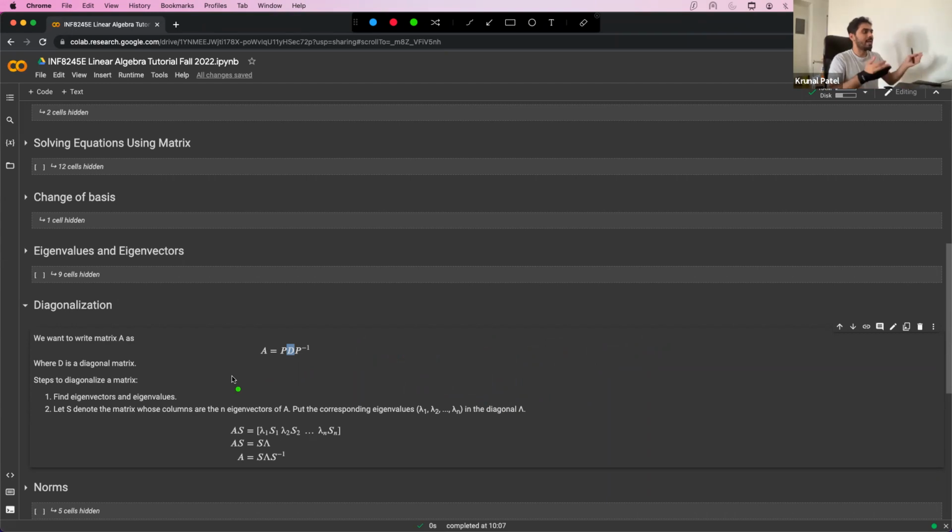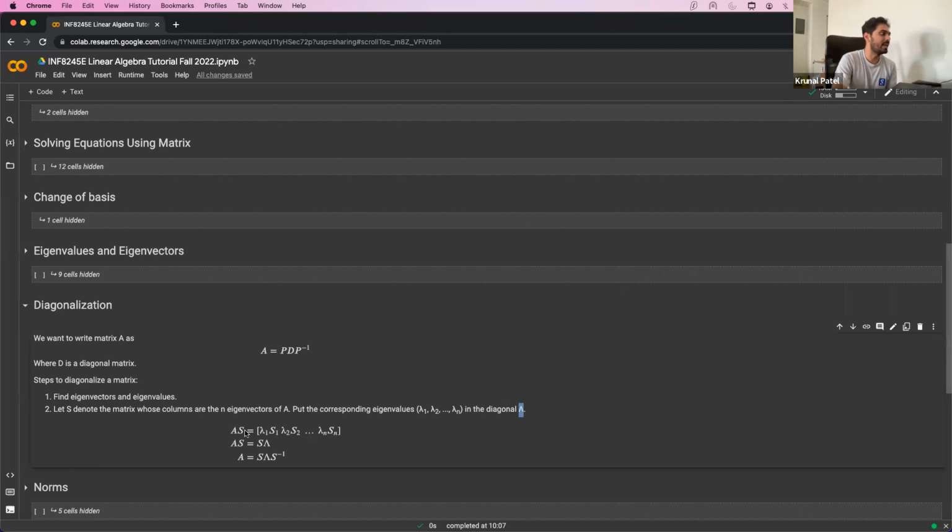So how do we diagonalize a matrix? One of the methods is by using eigenvectors and eigenvalues. You find the eigenvectors and put them all in this matrix S, and the corresponding eigenvalues, lambda 1, lambda 2, and so on, are the diagonal entries of a matrix called lambda.